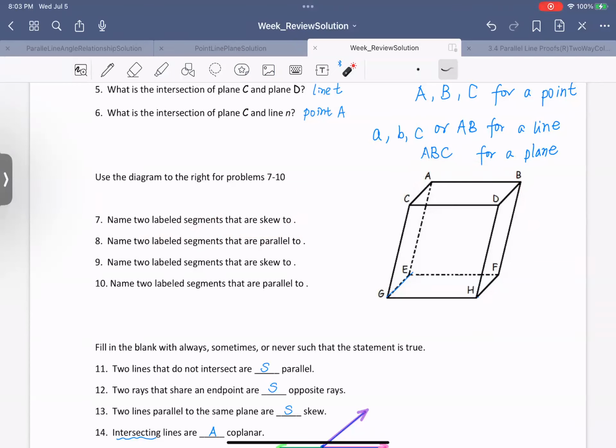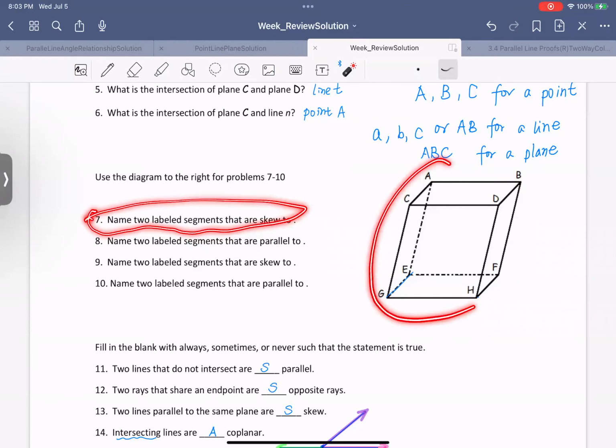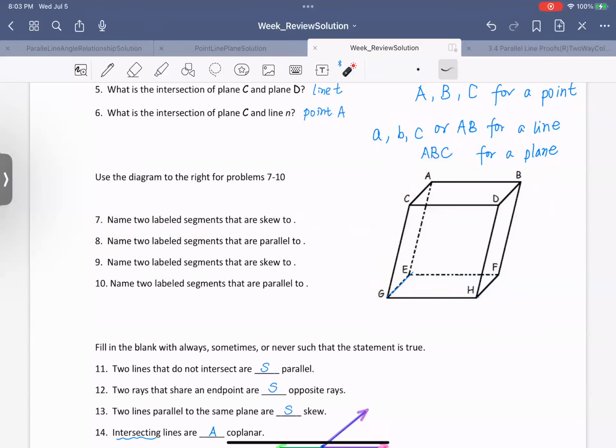Can you repeat the question? Can you tell me number 7 examples inside this graph? AB and HF. Very good. That's a very good example. AB and HF. Can you give me one more example, please?